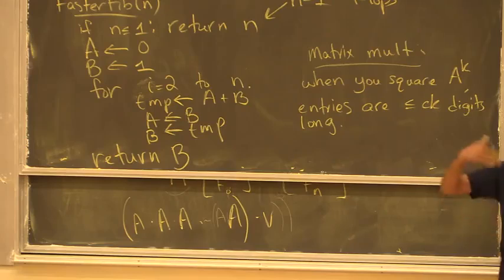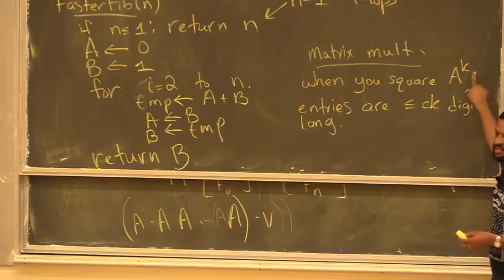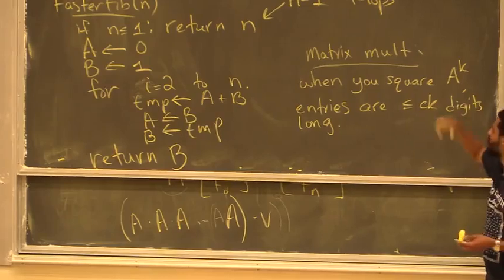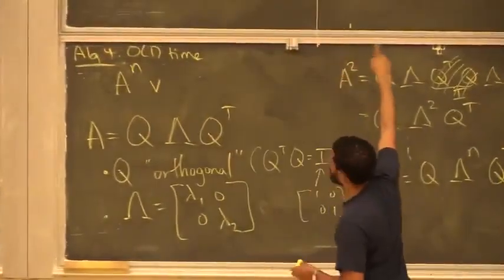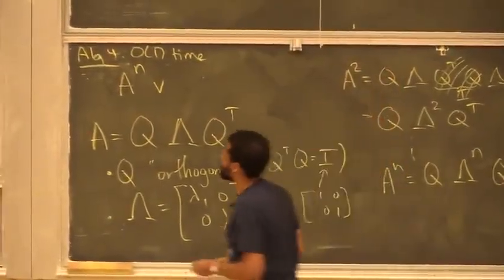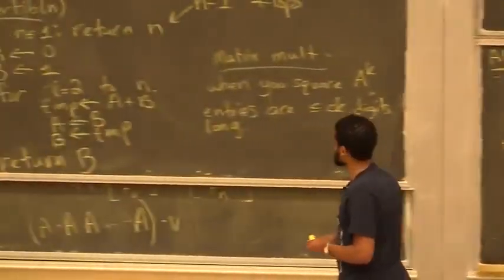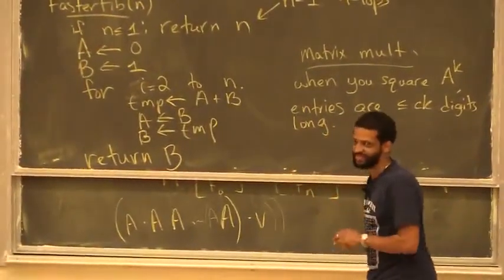And as you're doing repeated squaring, k keeps doubling each time, right? You start with 1, then 2, then 4, then 8, etc. Up to 2 to the log n.